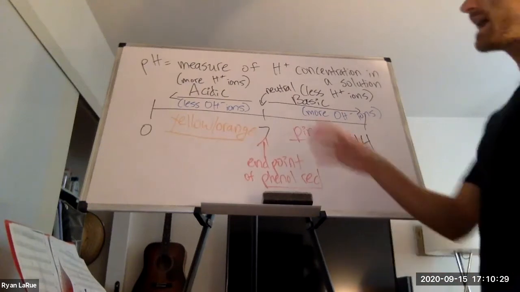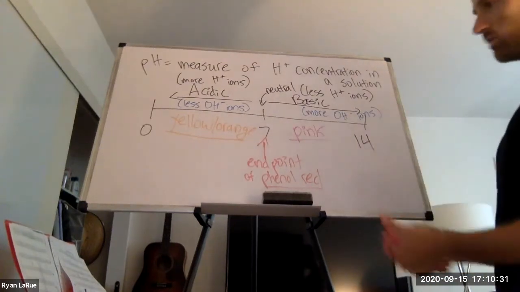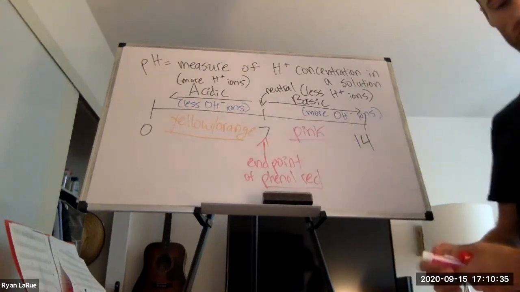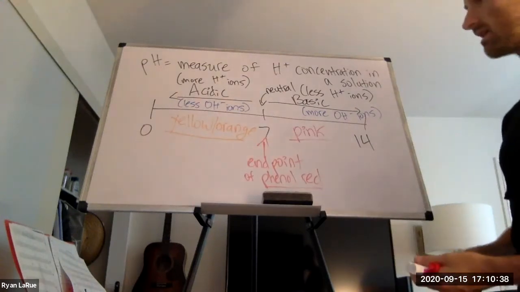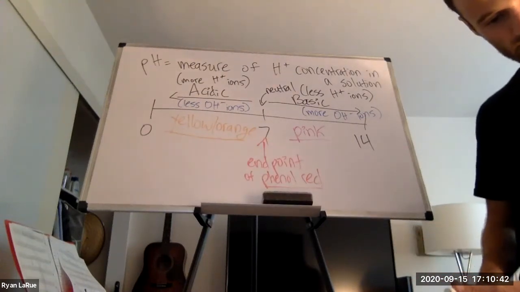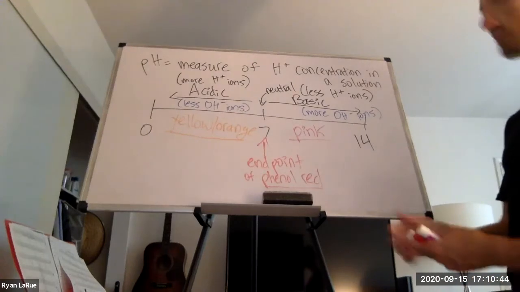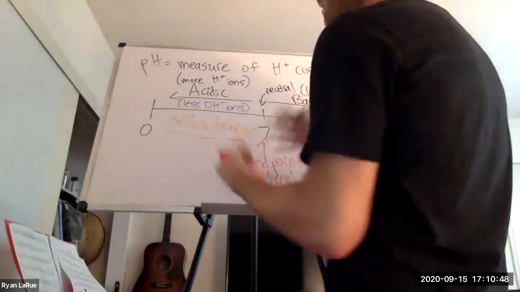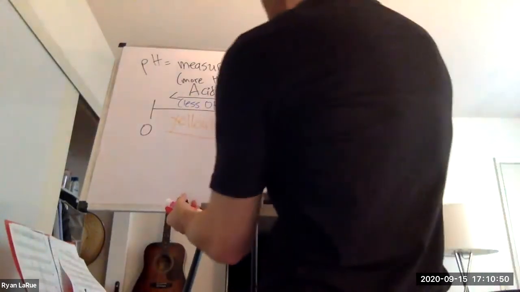We're actually going to add a base to it. Let's say we have this acid and it has a pH of 4, okay?